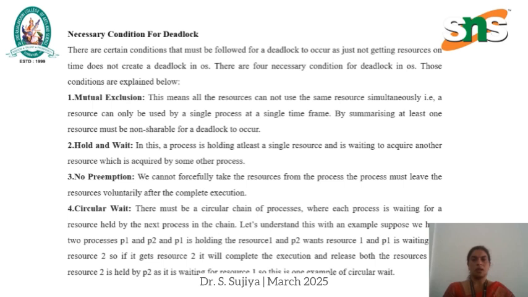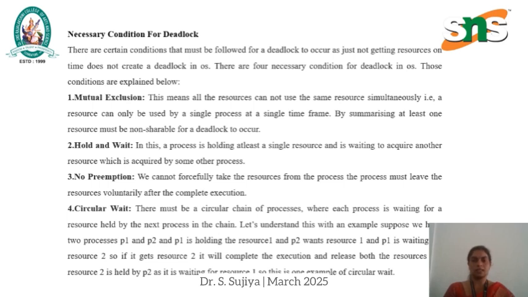Hold and wait means a process is holding at least one resource and is waiting to acquire another resource held by some other process. No preemption means we cannot forcefully take resources from a process; the process must release the resource voluntarily after completing execution. Circular wait means each process is waiting for a resource held by the next process in a chain.